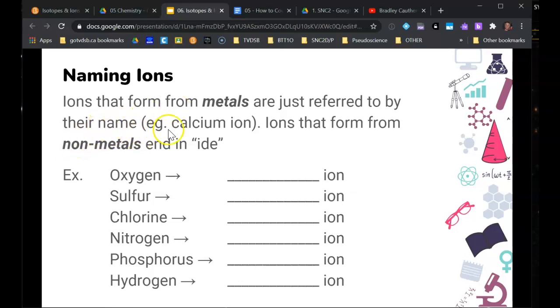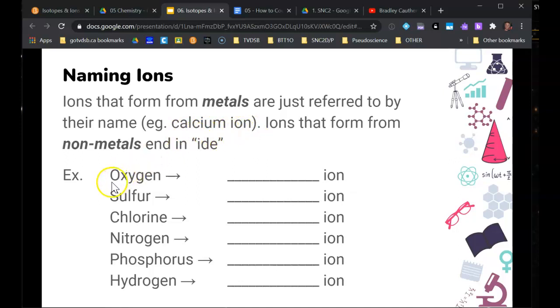So it's just the name of the metal with the word ion after it. So sodium ion, magnesium ion, potassium ion, lithium ion. All right. So if it's a metal, the ion name is just the name of the metal with the word ion after it.